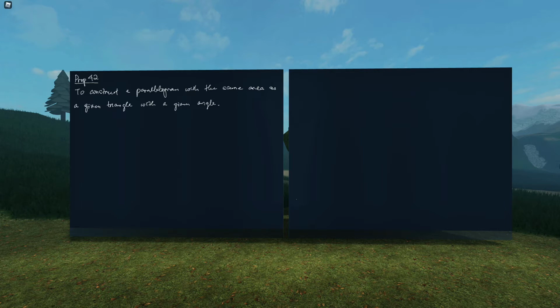So I'll draw the diagram here. The given triangle, I'll draw first with the base on this horizontal line here. And the triangle is just going to be here, and I'll call it ABC. And I'll also denote the given angle as some other angle over here.